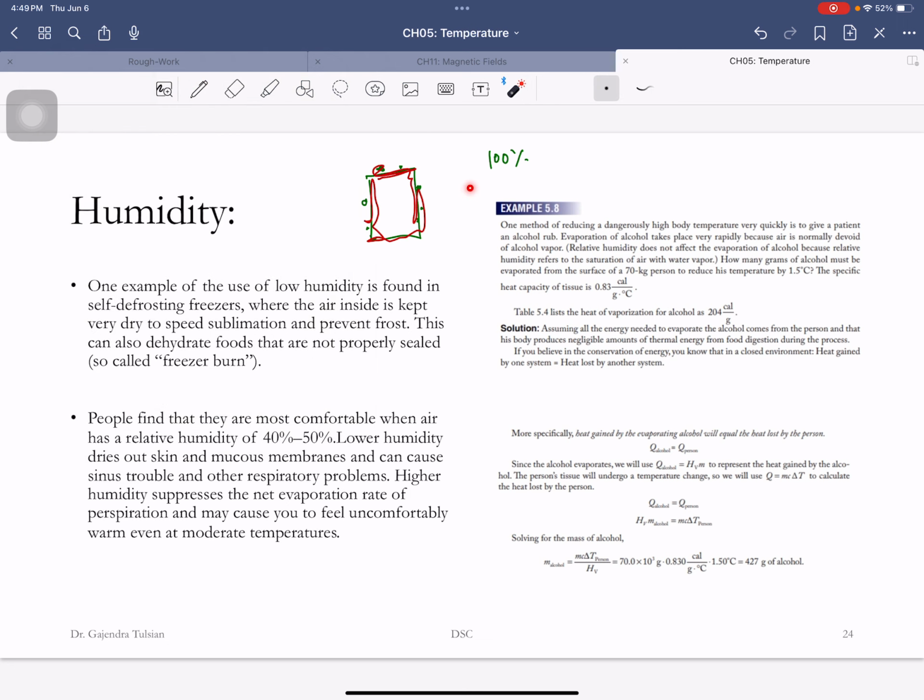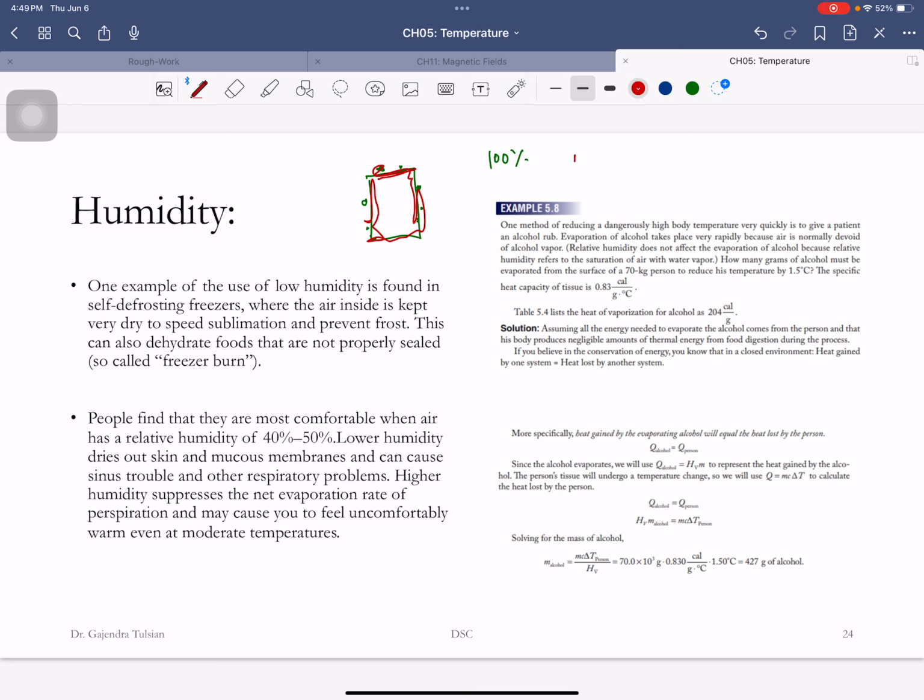Now the atmosphere doesn't have any alcohol, so the alcohol will evaporate fast. The heat of vaporization for alcohol is 204 calories per gram. Every time 1 gram of alcohol evaporates, it takes away 204 calories.